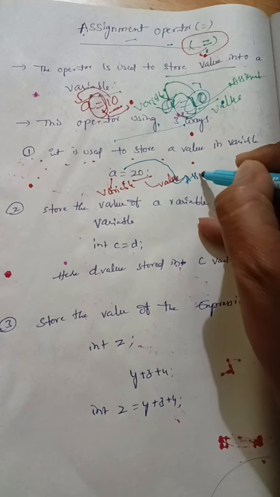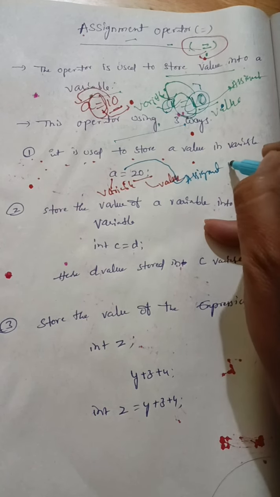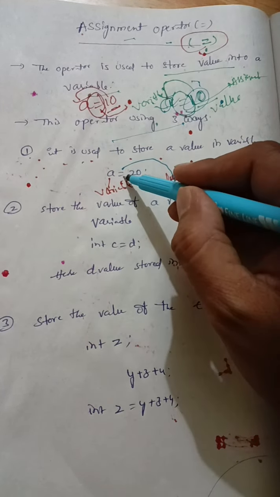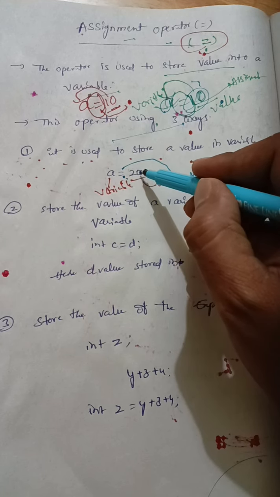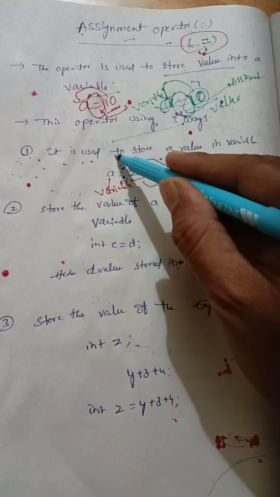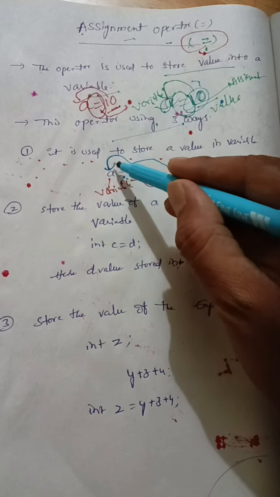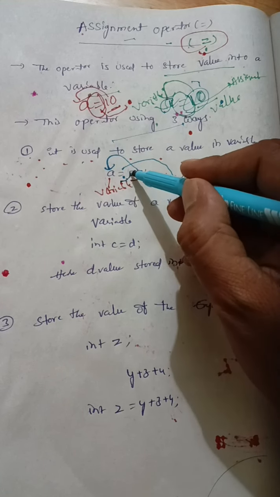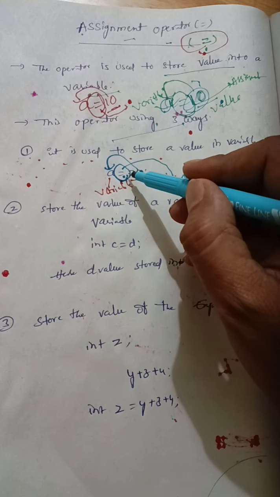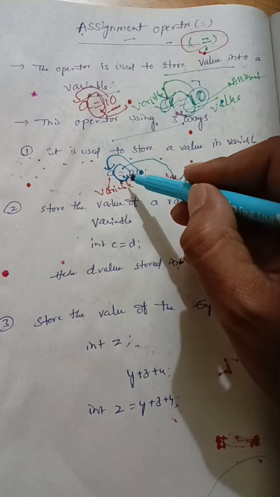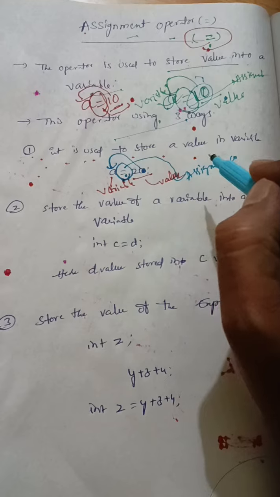Using this symbol we can store values into variables. This value is stored into the variable. This equal operator is known as the assignment operator, used to store values into a variable. This is the one way.